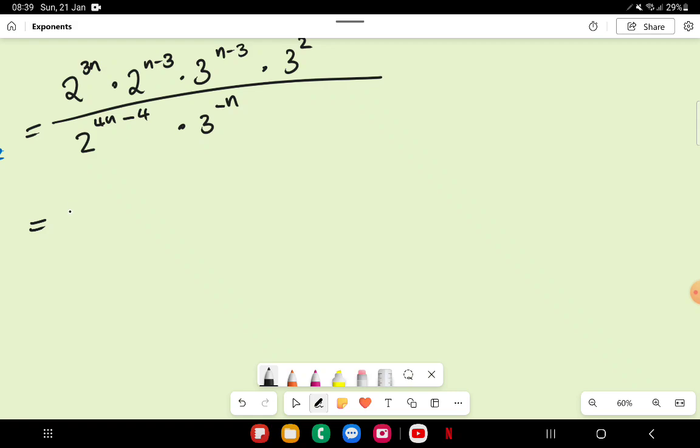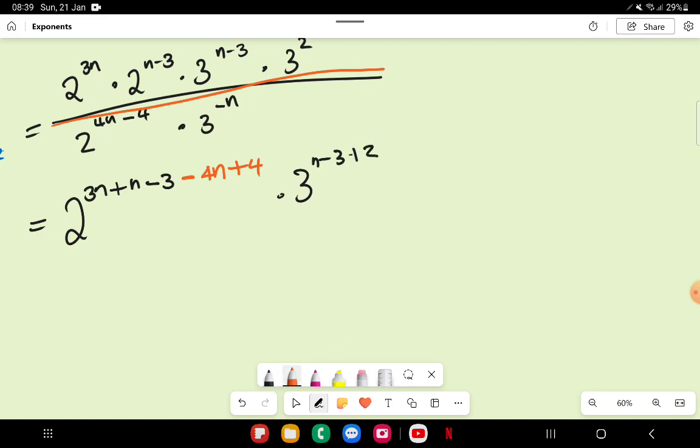So this is now 2, we've got 3n plus n minus 3. Now, because of this fraction line, we subtract 4n and we add 4, times 3 to the n minus 3 plus 2, again fraction line, minus n, which is positive n.